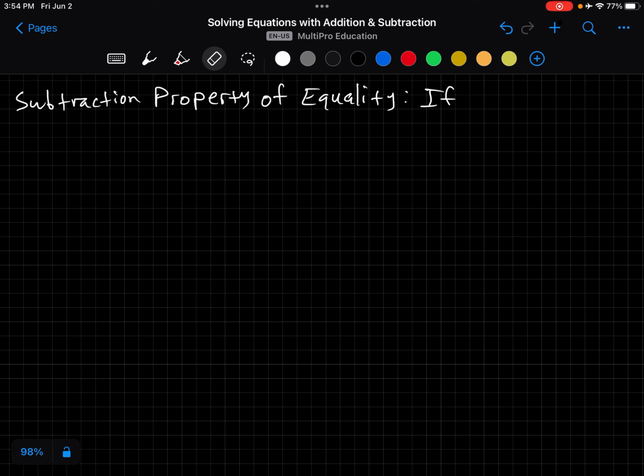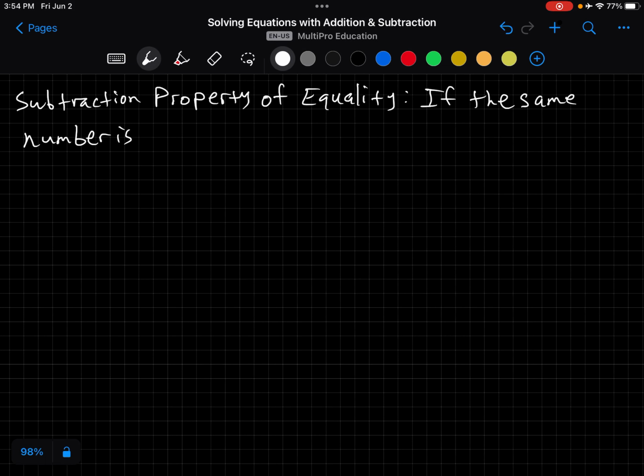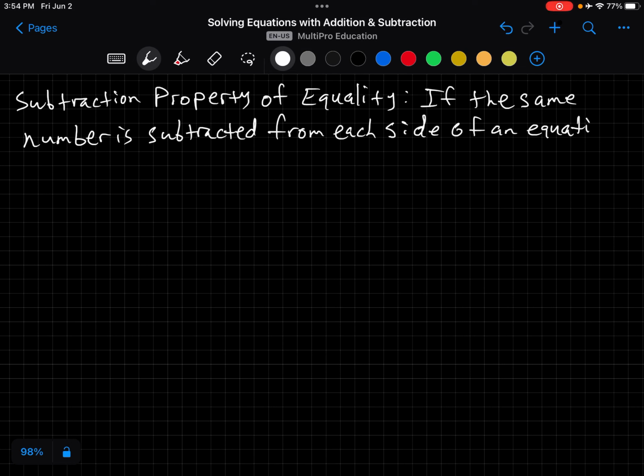So if the same number is subtracted from each side of an equation, the resulting equation is true. Okay?